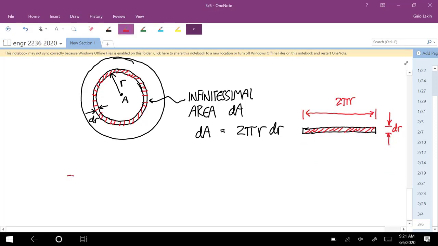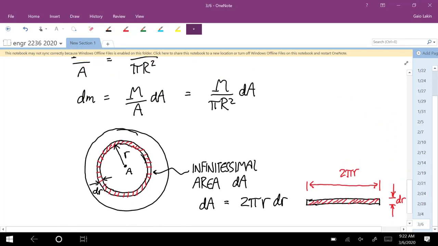So our I sub A is equal to the integral of r squared times dA, which is 2 pi r dr. We're missing one thing.